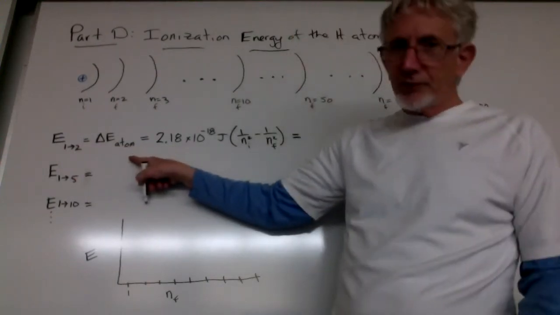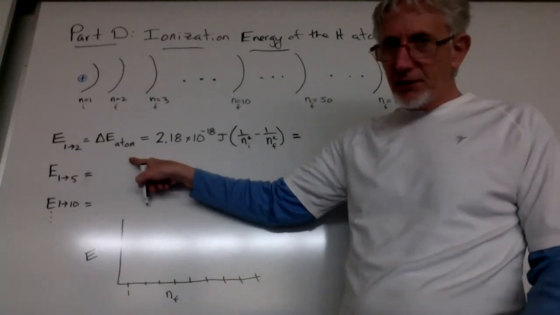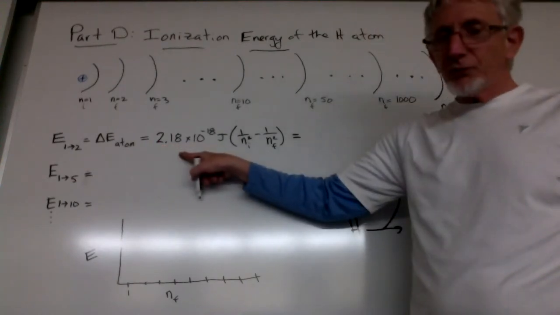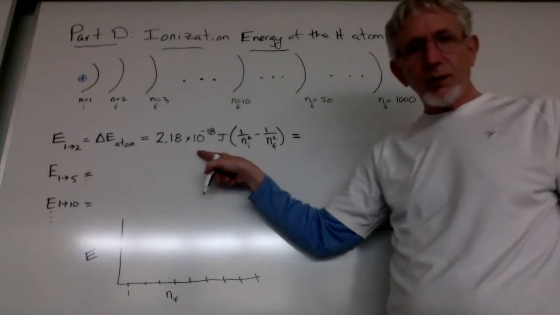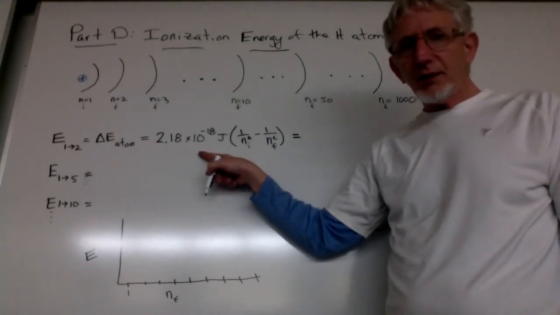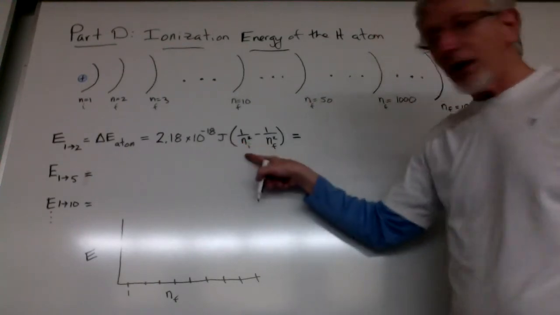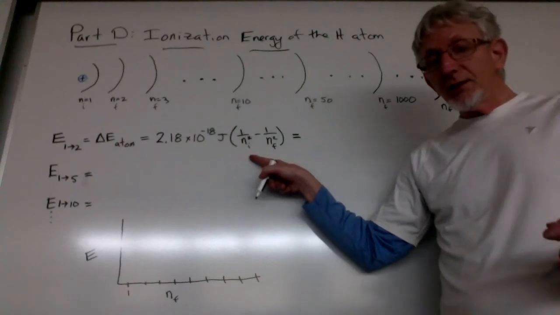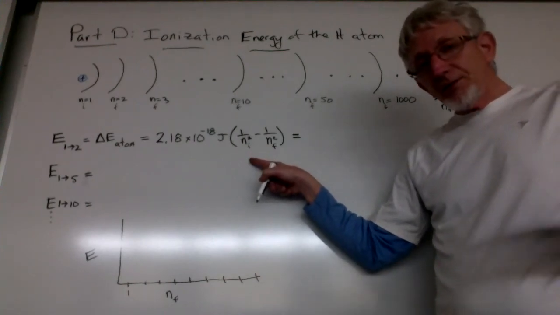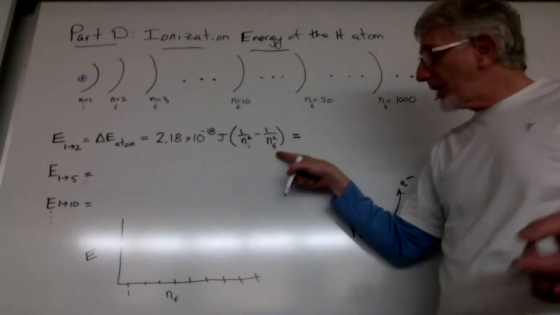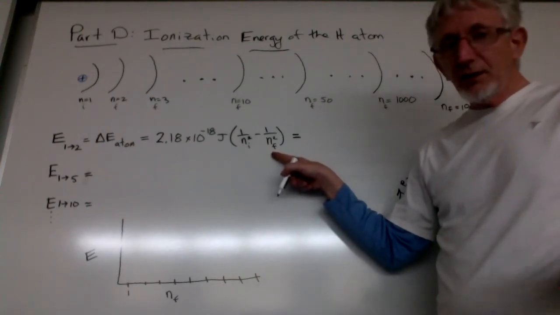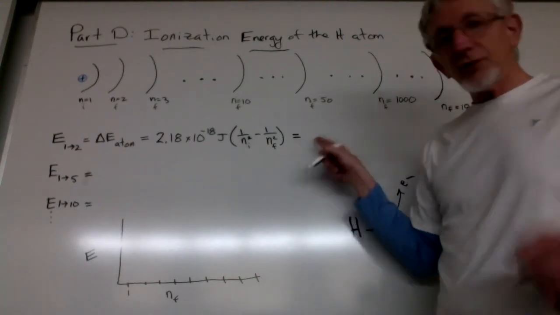That's going to be equal to delta E of the atom, the change in the energy of the atom, which is equal to the Rydberg constant, that R constant, whose value is 2.18 times 10 to the negative 18 joules, times 1 over the initial state orbital squared minus 1 over the final state orbital squared. And that's all you do.